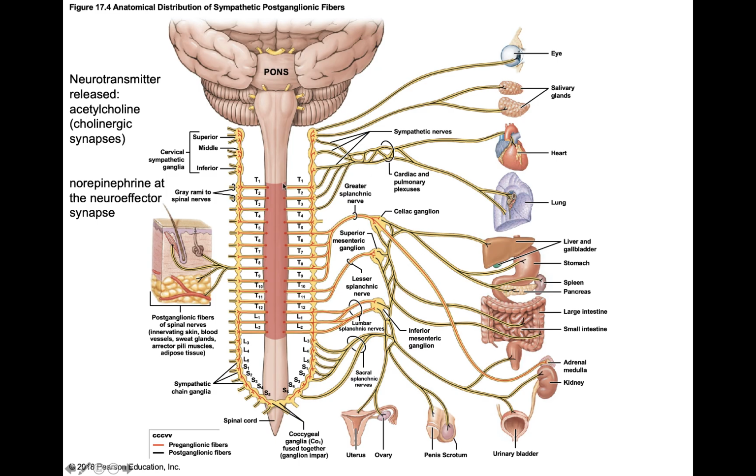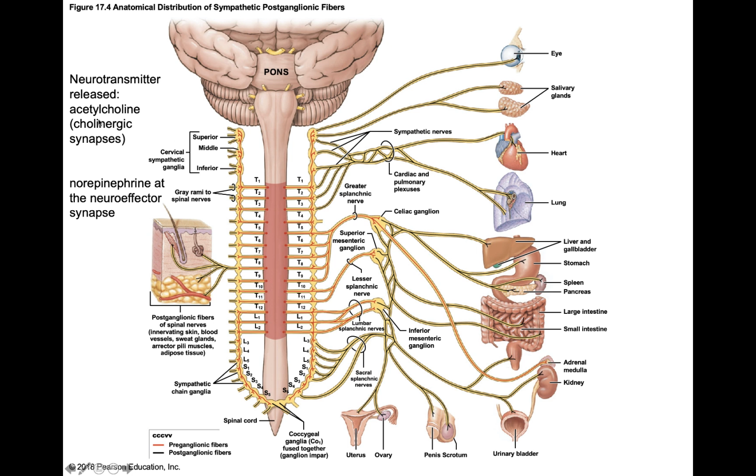So I said in the beginning the type of neurotransmitter that's being released at the ganglion and then at the target organ. If you remember, I said the neurotransmitter that's going to be released is acetylcholine right here in the sympathetic chain ganglion. So the preganglion neuron is going to release acetylcholine, which is an excitatory neurotransmitter.